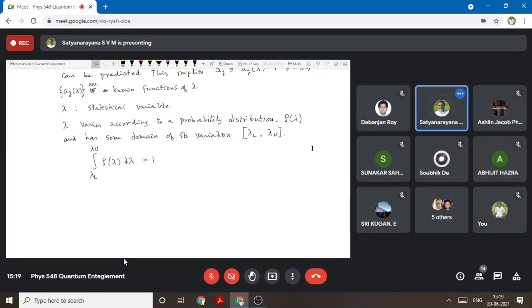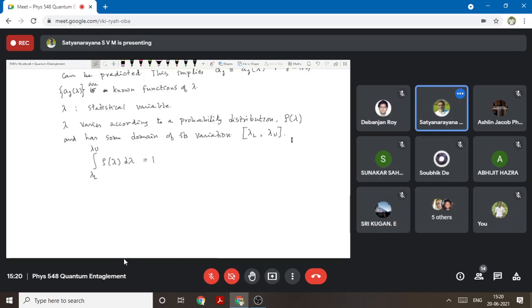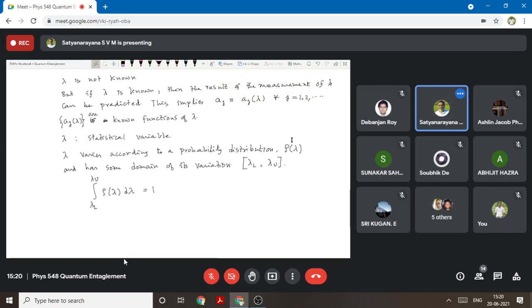Now, the other aspect is that you have the eigenvalues, so the result. Maybe I should not write it like this. I'm sorry.